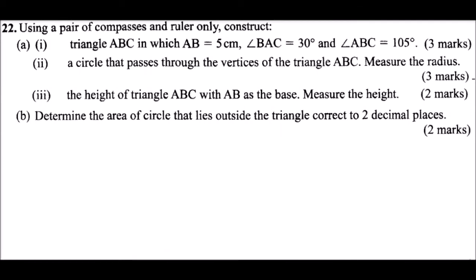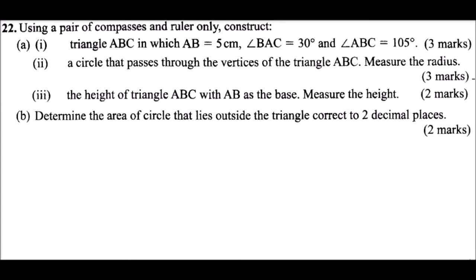Roman 2, a circle that passes through the vertices of ABC, and measure the radius. Number 3, the height of the triangle ABC with AB as a base, measure the height. Determine the area of the circle that lies outside the triangle, correct to 2 decimal places.